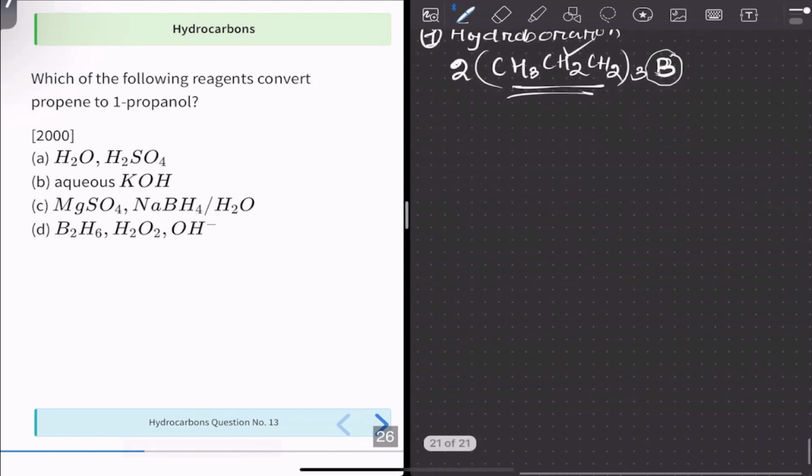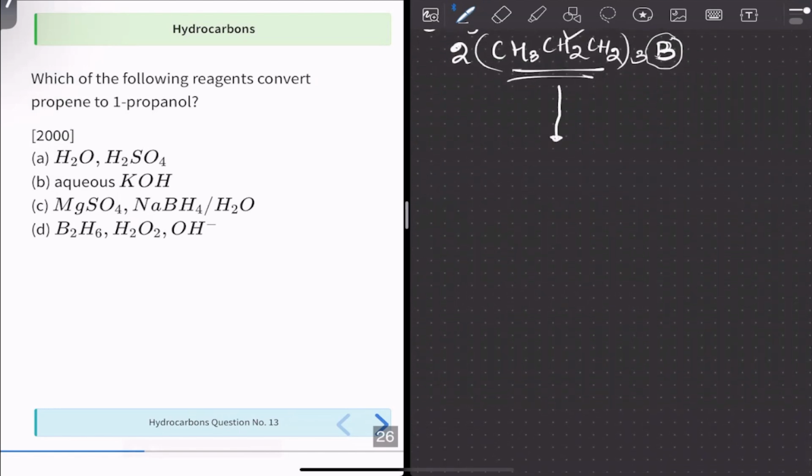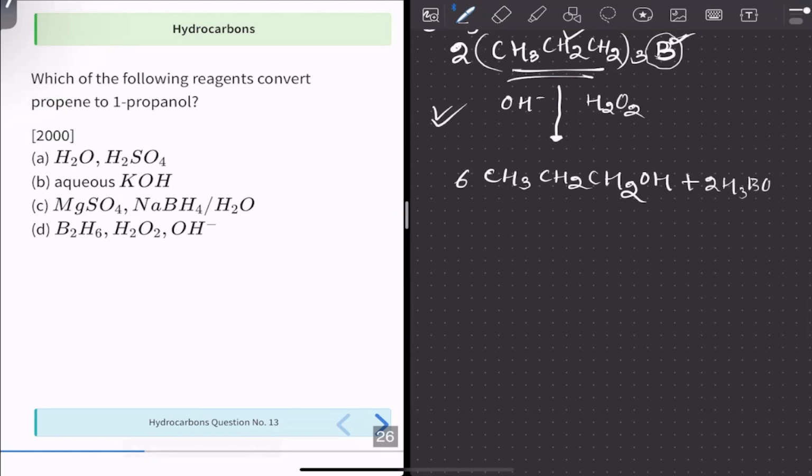Then oxidation or hydrolysis: it will react with H2O2 in presence of OH minus. It will replace the boron and produce six molecules of CH3CH2CH2OH, and 2H3BO3. This is the oxidation part, so the reaction is known as hydroboration oxidation.